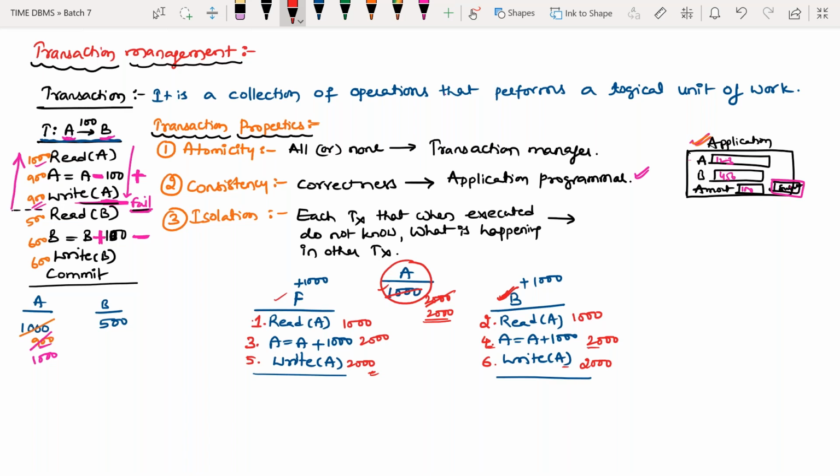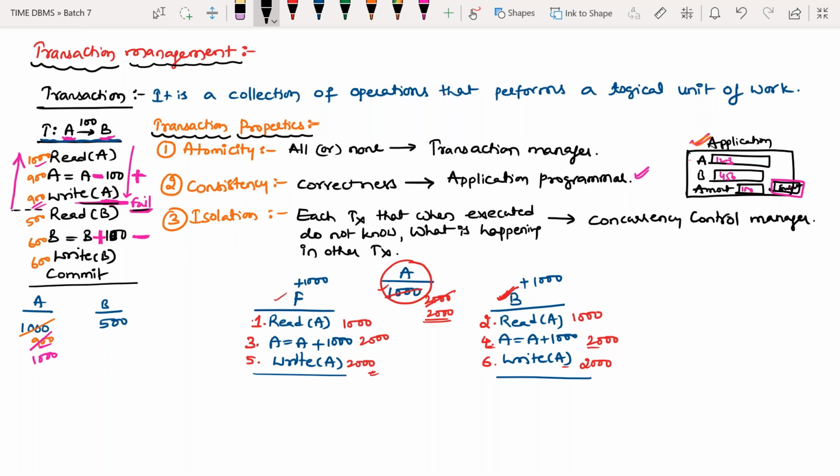Now in a database system, there should be someone to take care of this isolation property. In a database system, we have a component called the Concurrency Control Manager. Manager here is not a person, it is a program.